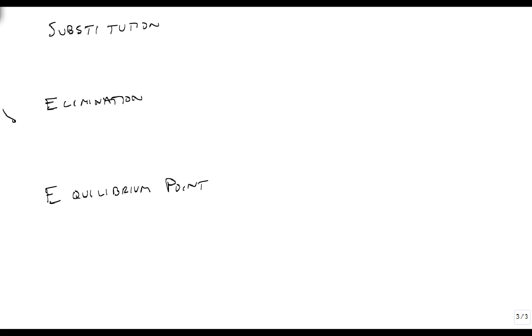These are methods used for solving. In addition to the graphical method, we have the substitution method, where we solve for a variable first, and then plug it into another equation.